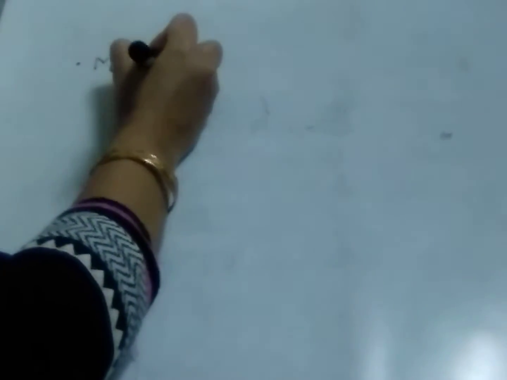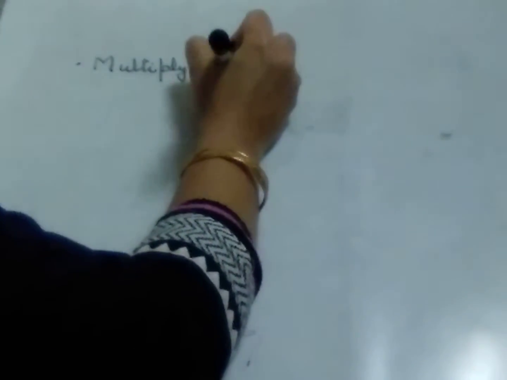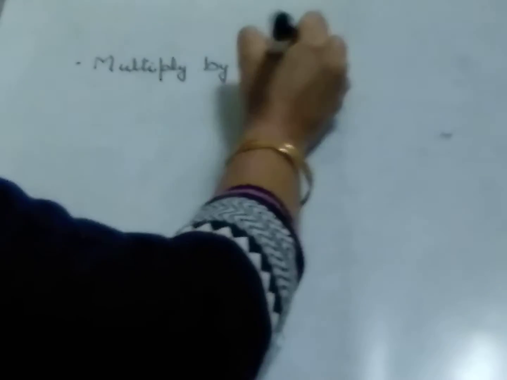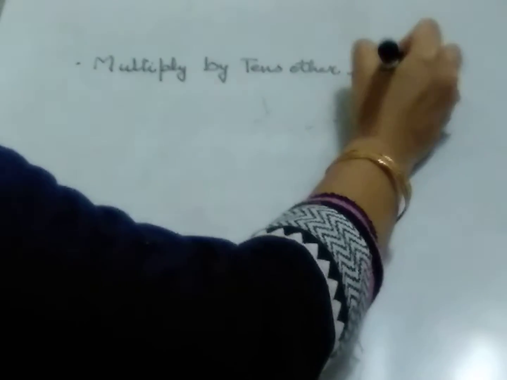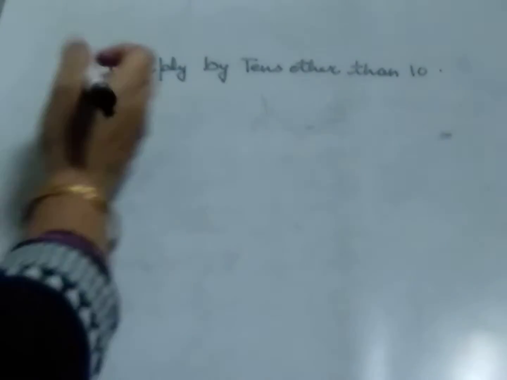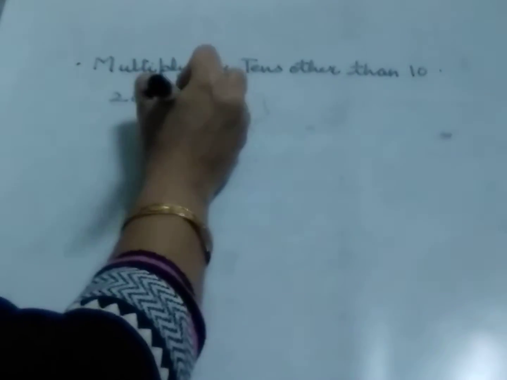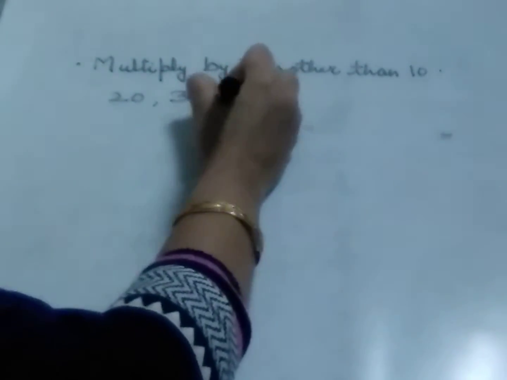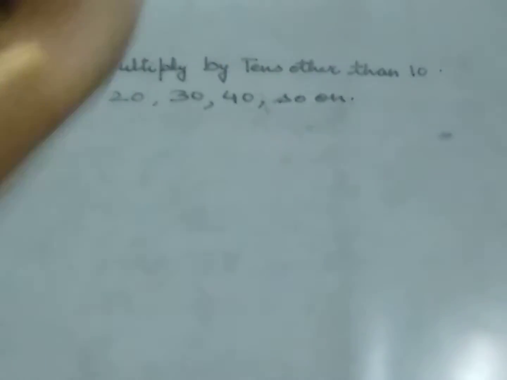To multiply by tens other than 10, that is to multiply by 20, 30, 40 and so on, we first multiply by the number without the 0.